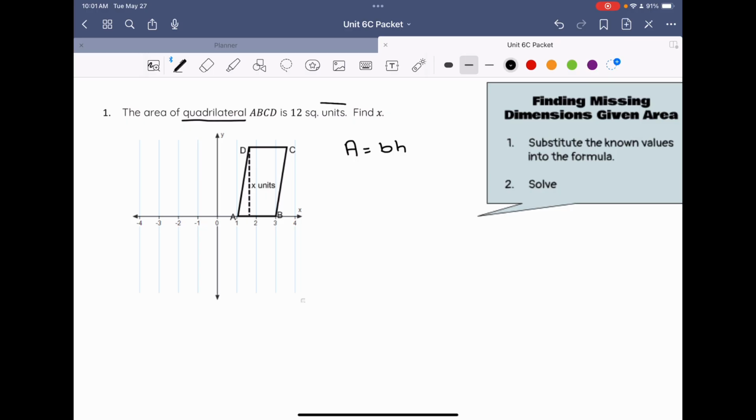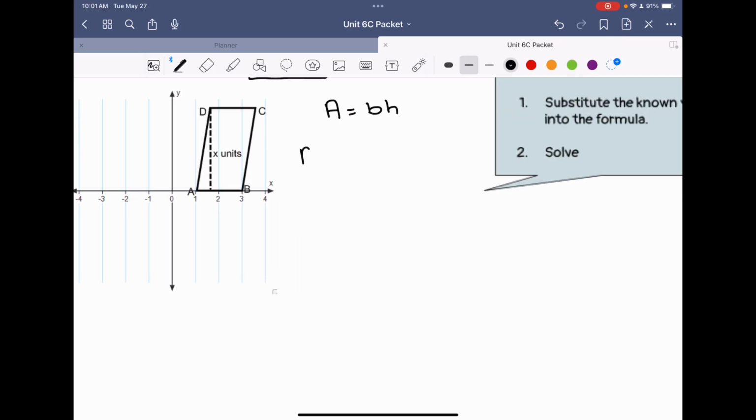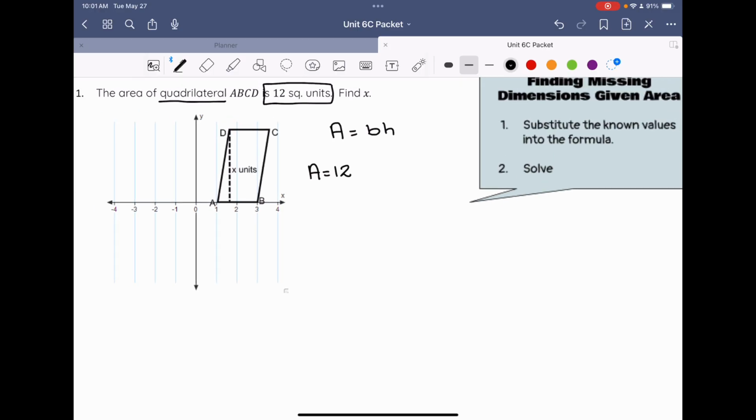They've told me that my area is 12 square units. So A is 12. If I look at this coordinate plane, this is helping me figure out what the base is. If I count from A to B, I jump 1, 2 spaces. So the base is 2.